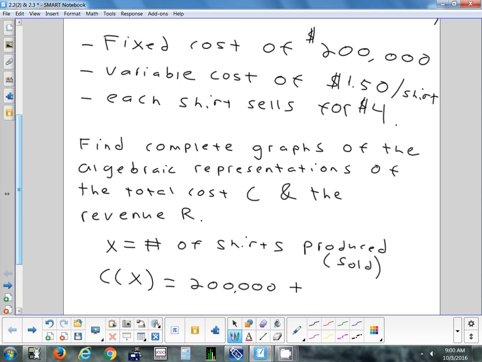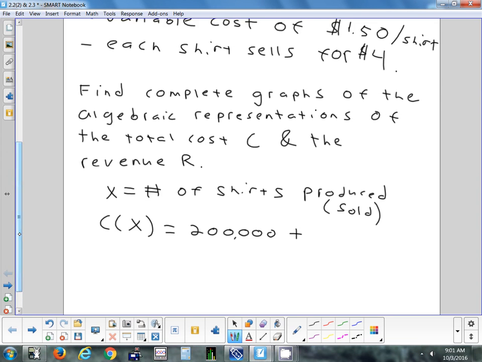So for our costs, we don't really have to look at anything that has to do with what we sell the shirts for. Costs are just what it costs us to make the shirt, not necessarily what we're selling. Wouldn't it be 200,000 plus 150x? Yeah, 200,000 plus $1.50x.